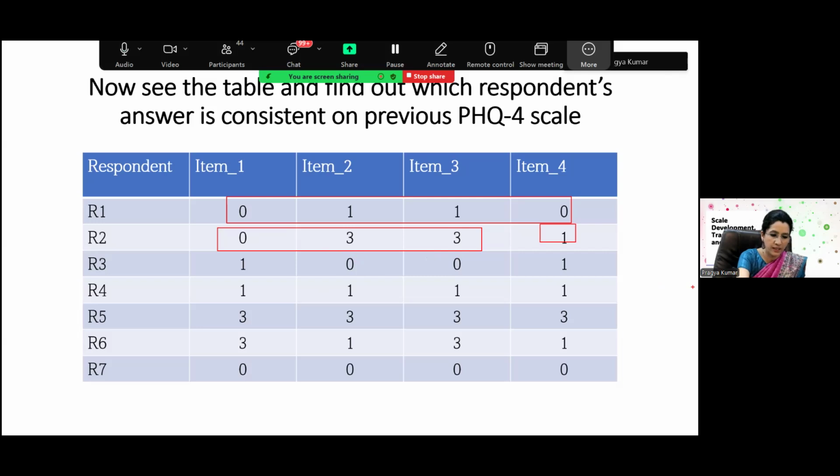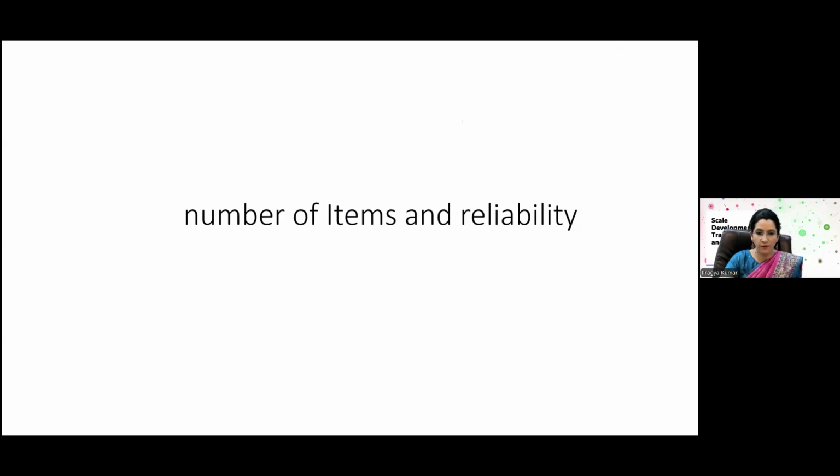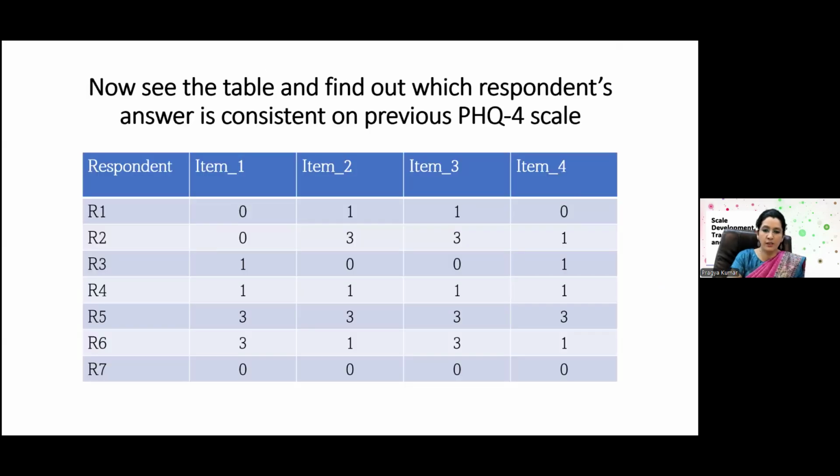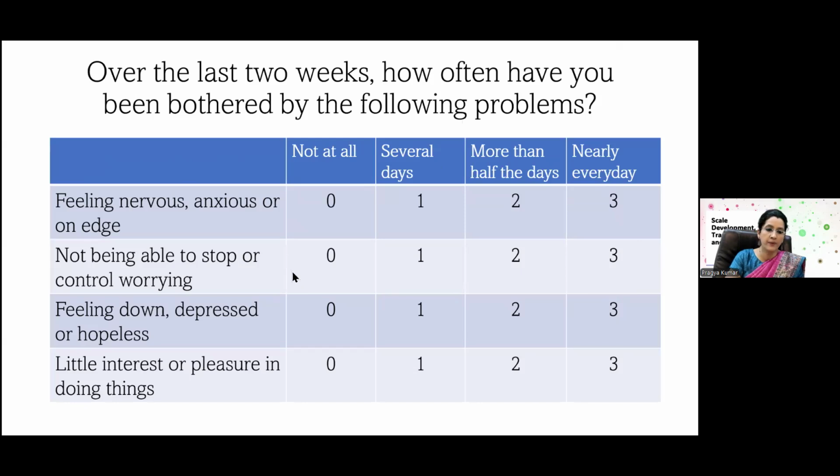So in which case will you find it most inconsistent? If you see respondent 2, he is answering 3 on items 2 and 3. Item 2 is saying not able to stop worrying and item 3 is saying depressed. So if the answer to this question is 3, meaning nearly every day, the answer to this question cannot be 0. Because what has he responded?